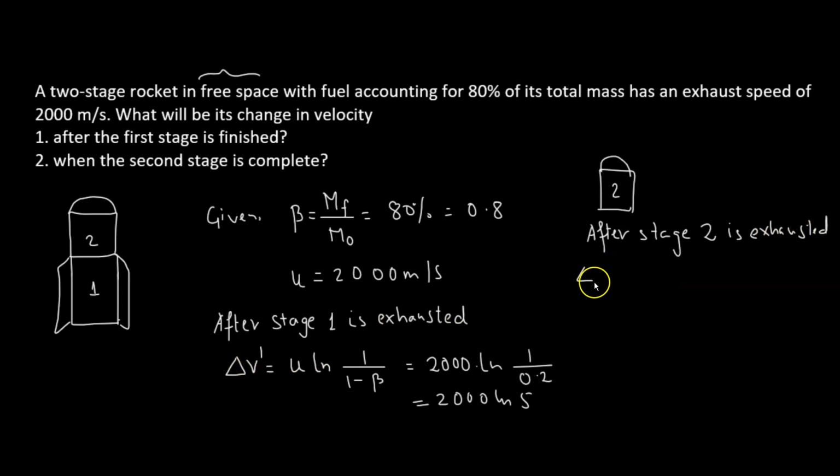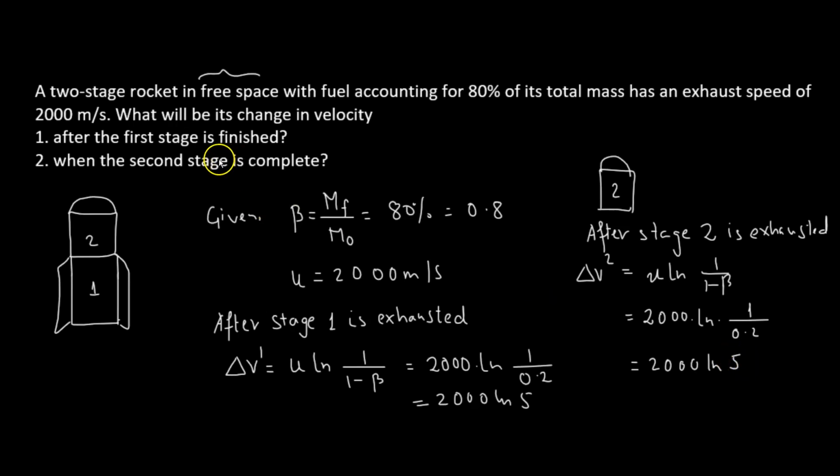Then the change in velocity for stage 2 will be u times natural log of 1 over 1 minus beta. So we have u, which is 2000, times natural log of 1 over 1 minus beta, so that's 0.2, and this is also giving us 2000 natural log of 5.